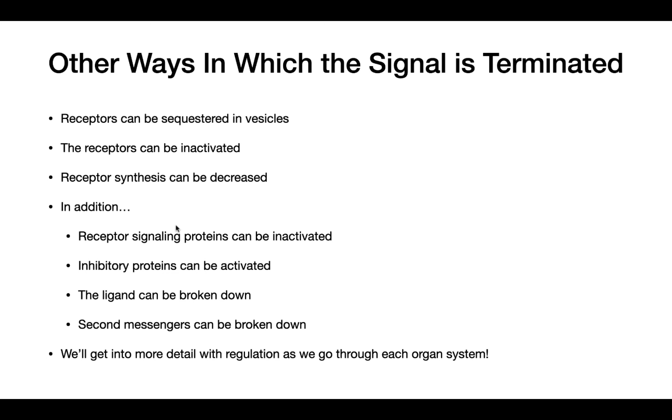Inhibitory proteins that inhibit the receptor or signaling proteins can be activated. The ligand can be broken down. Second messengers can be broken down. For the context of this video, we're just going to keep it to what these pathways are, because we'll get into how these receptors and all these signaling pathways are regulated as we go through the organ systems.